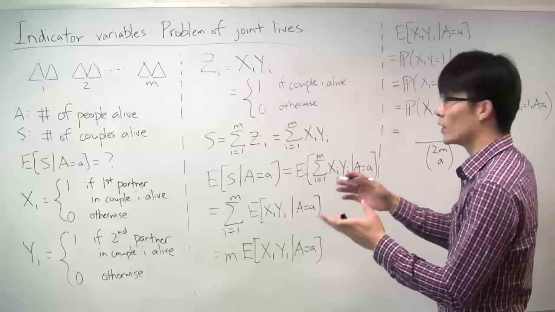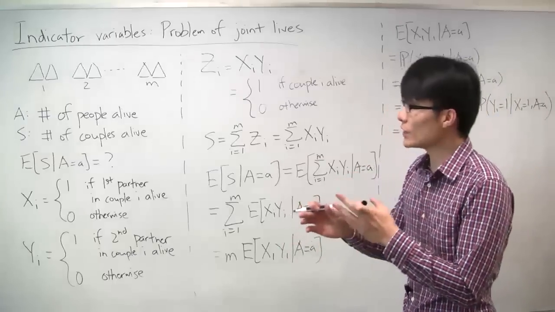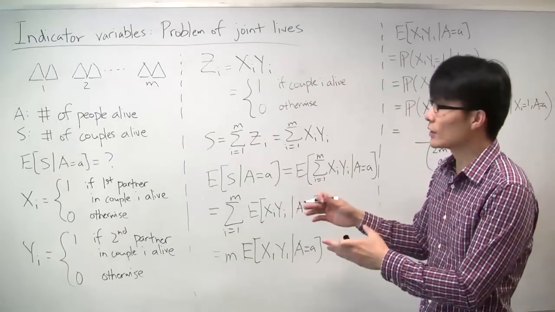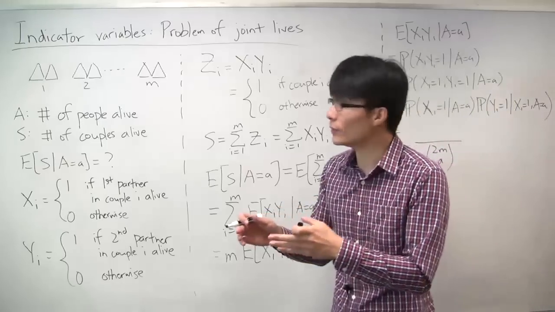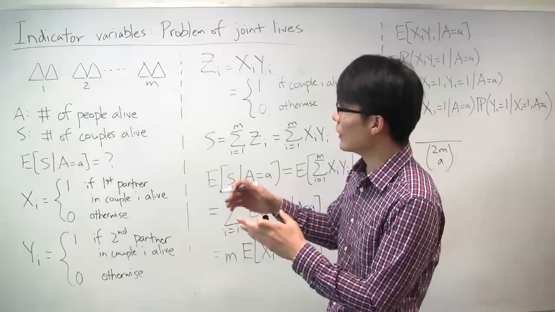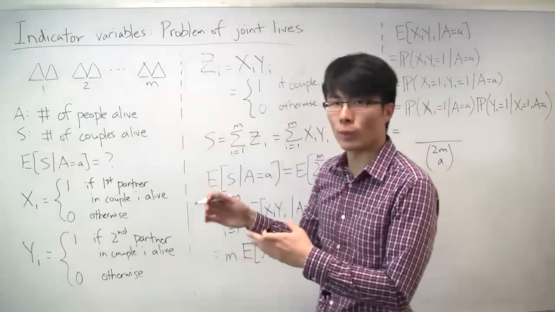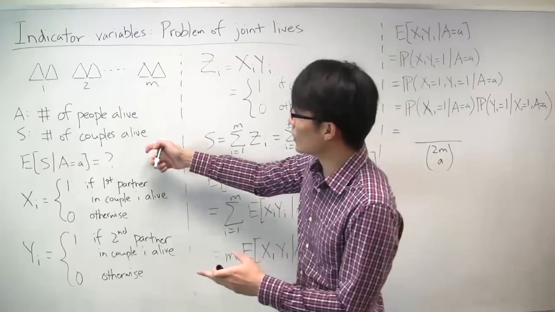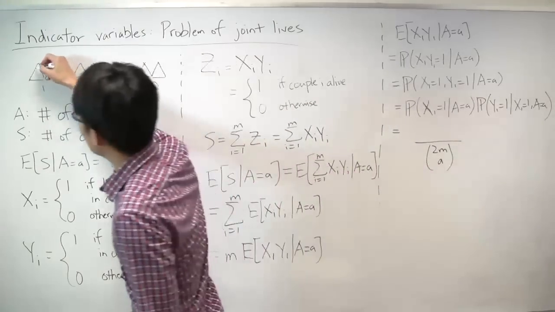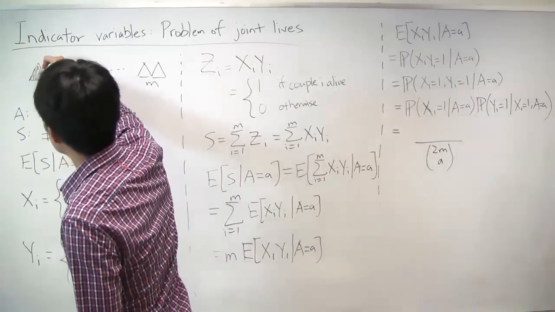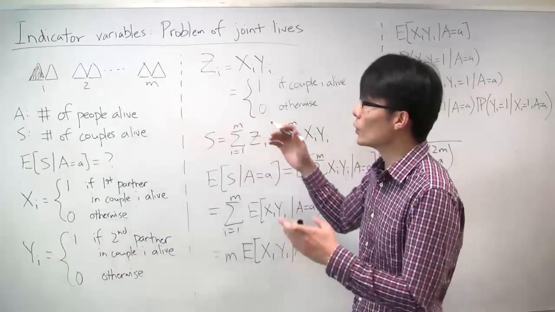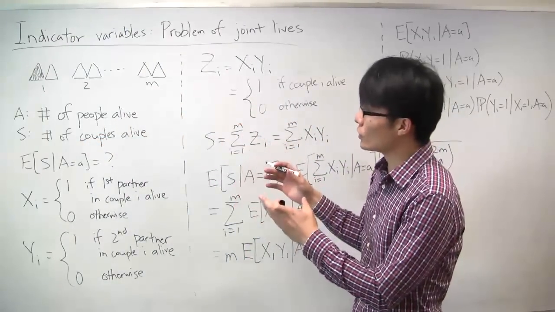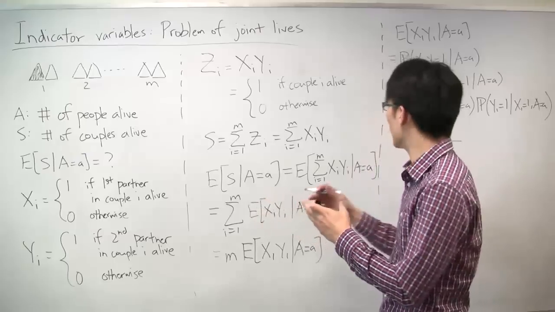He needs to be one of the a people who are left, which leaves a minus 1 spots to be filled by people who are still alive. Besides this first partner in the first couple, there are now 2m minus 1 people left, and those are the people from which we need to choose the a minus 1 people who are also still alive.